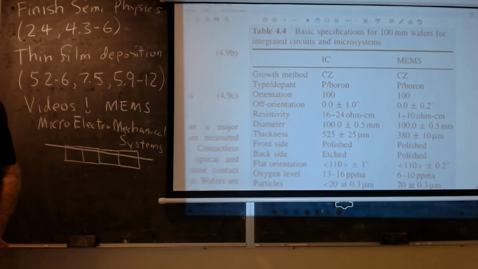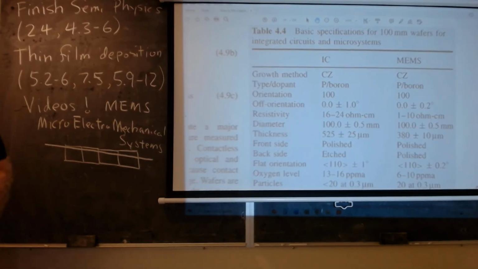And maybe in the next video, I'll go on campus and get a semiconductor wafer so you can understand what these things mean. Really the nice thing about having a wafer whose backside is etched is that you know which side is back.